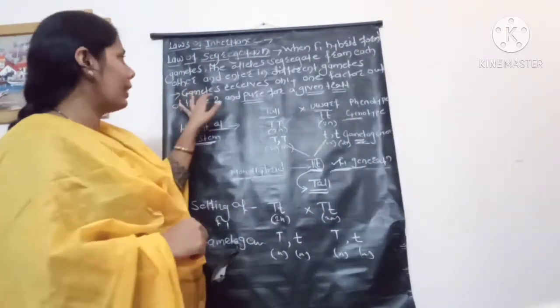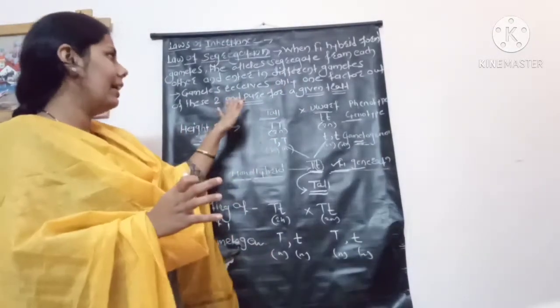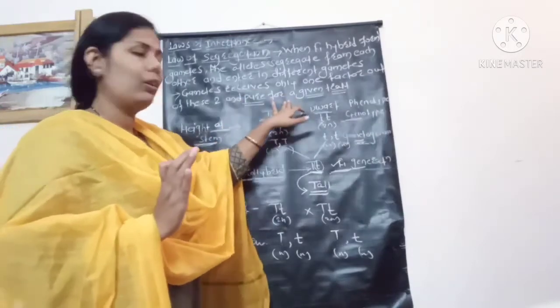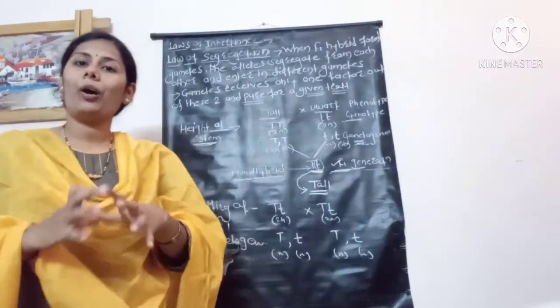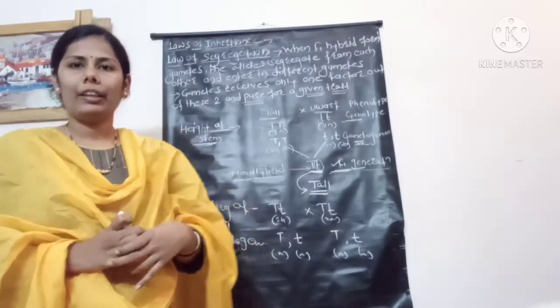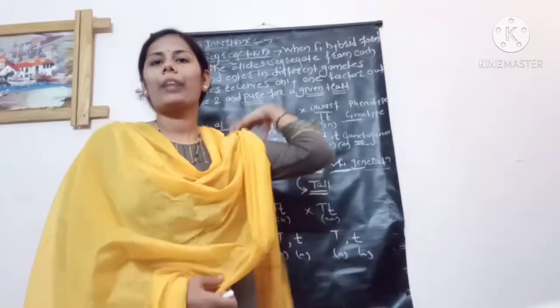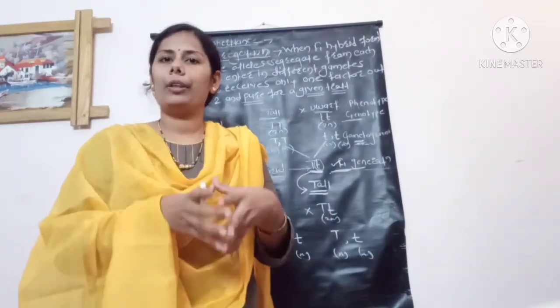Gametes receive only one factor out of these two factors, and therefore this is called the law of purity of gametes, because these factors are pure for that particular trait. So the law of segregation is also called the law of purity of gametes.